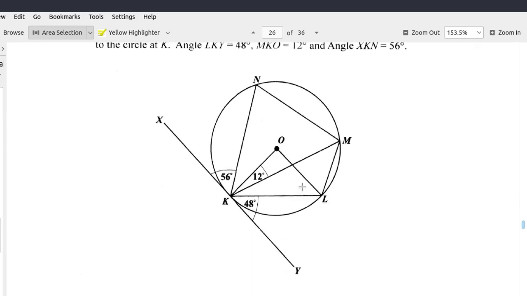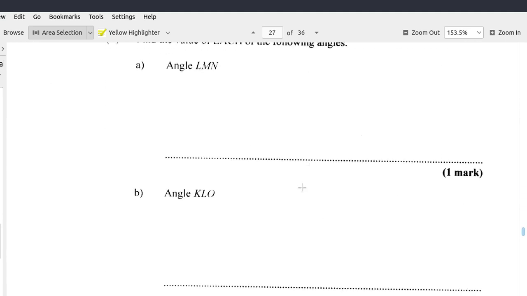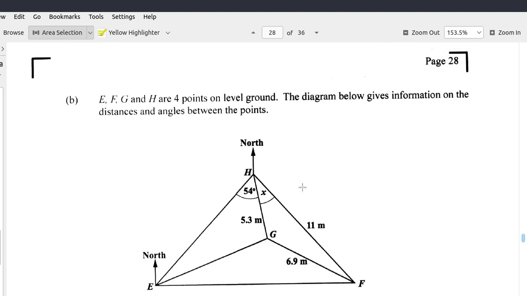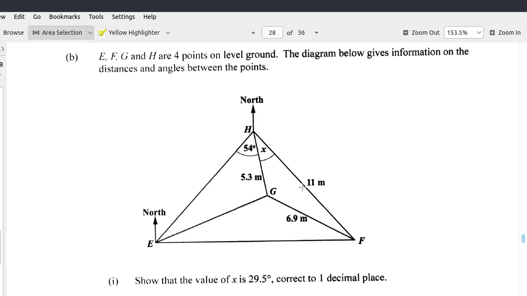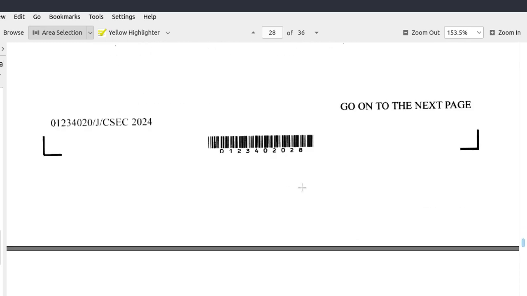Question 9, circle theorem. All right. What else you have here? This is trigonometry. Looks three-dimensional. They give three-dimensional geometry or trigonometry in the January papers. All right.